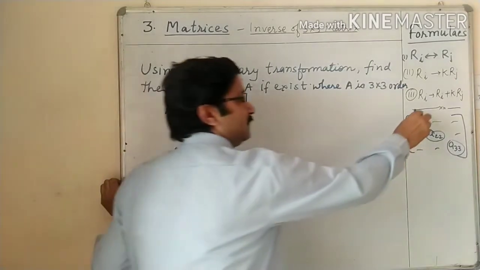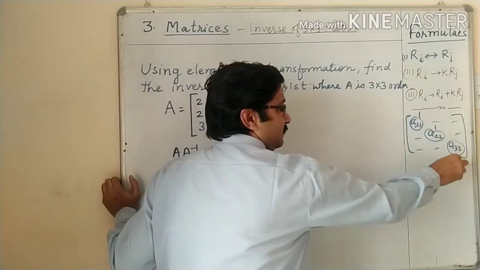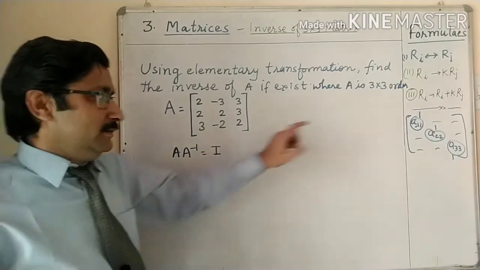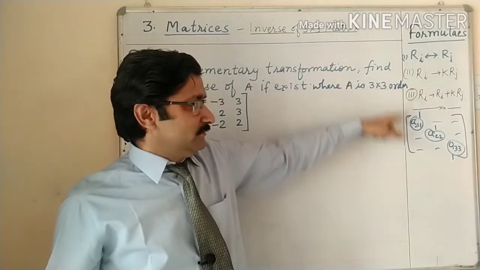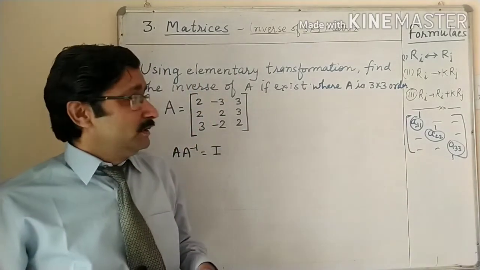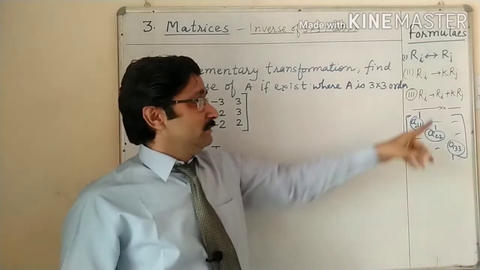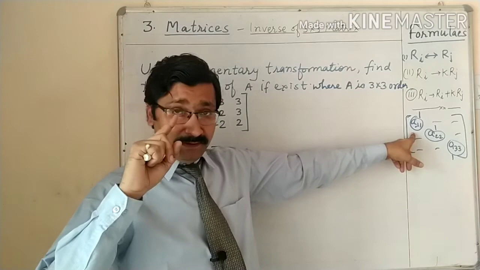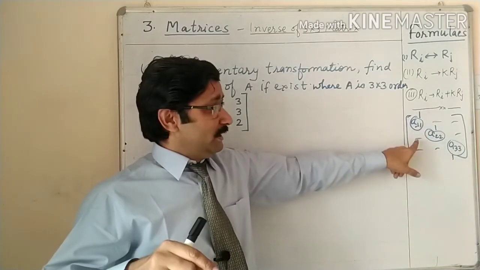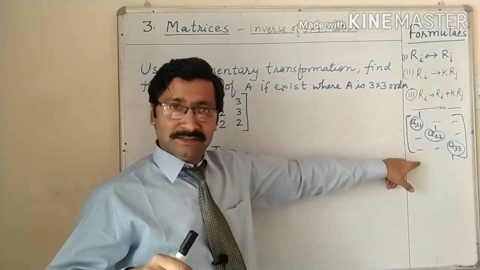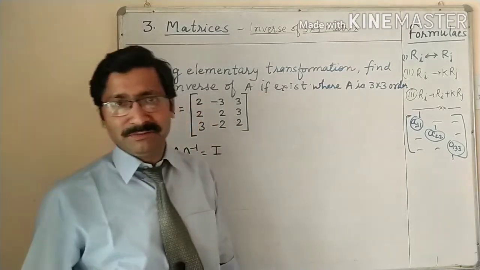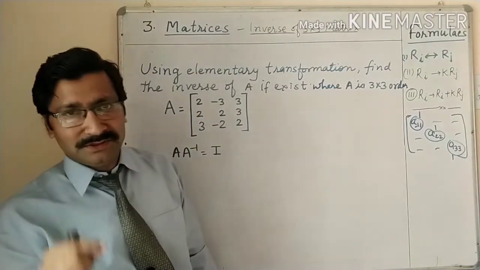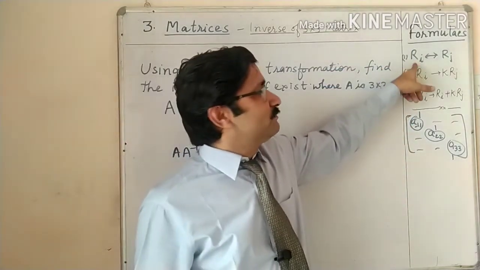First we will check the first column only. In the first column we first get 1, and with the help of this 1 we get 0 in the other two places. Means the first column becomes 1, 0, 0.